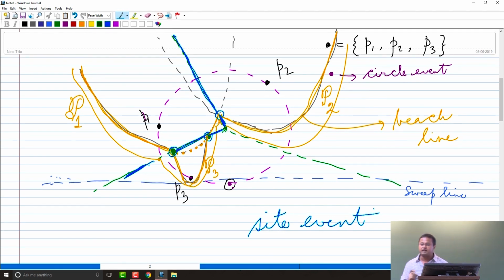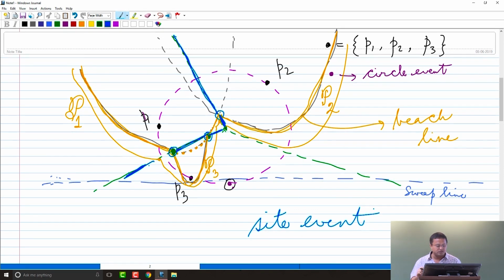But the moment a site event comes and a new parabola appears and disturbs locally the beach line, a new triplet has formed. Earlier it was just P1, P2. Now there is a triplet like P1, P3, P2, fine. This can give rise to a Voronoi vertex.